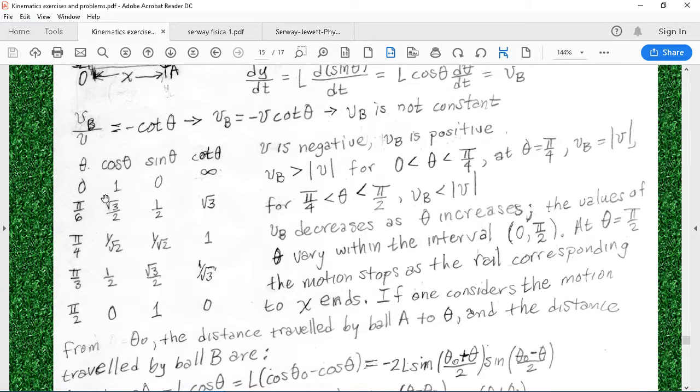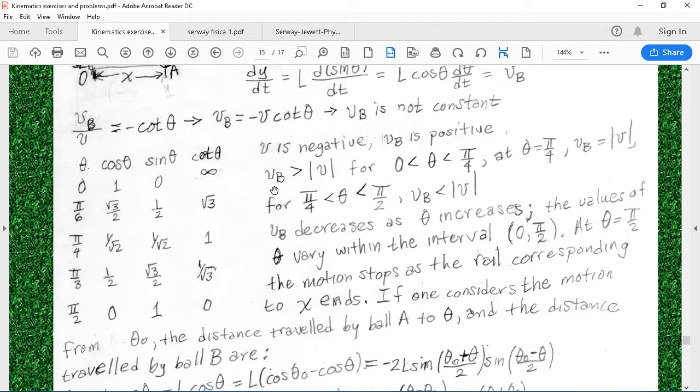By looking at the values of cotangent of theta, we know that cotangent of theta is greater than 1 for theta from 0 to pi fourths, or 45 degrees, and is less than 1 for theta from pi fourths to pi halves, or from 45 degrees to 90 degrees.